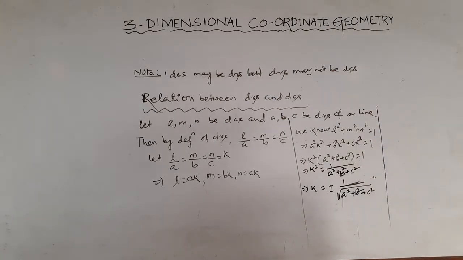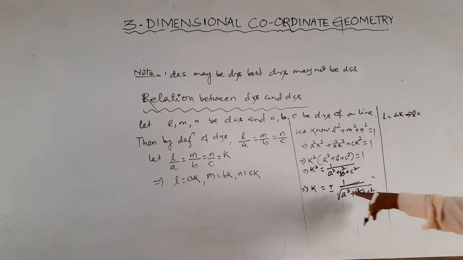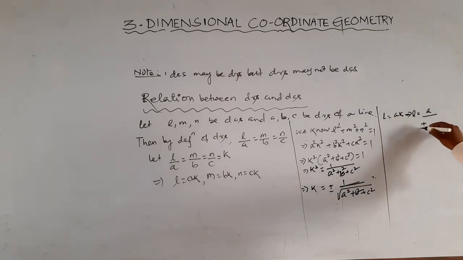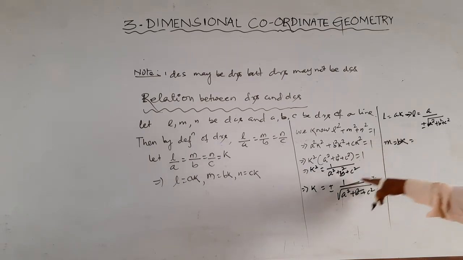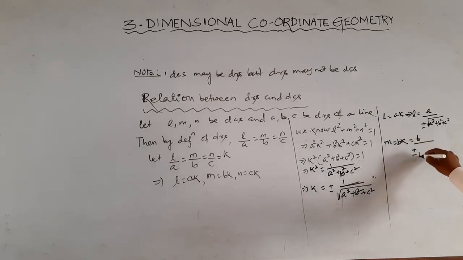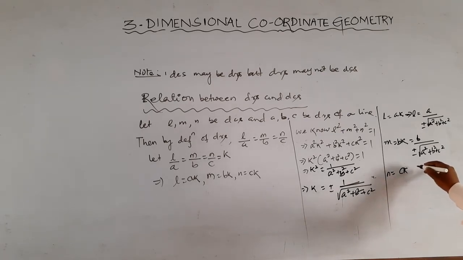Now l is equal to a into k, so l is equal to a by plus or minus root over a square plus b square plus c square. m is equal to b into k, so m is equal to b by plus or minus root over a square plus b square plus c square. n is equal to c by plus or minus root over a square plus b square plus c square.